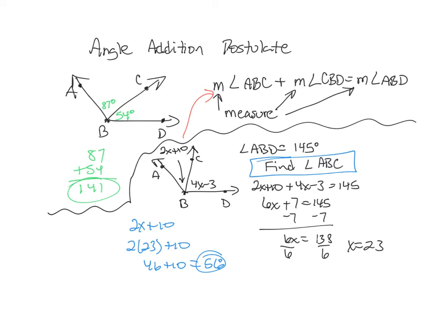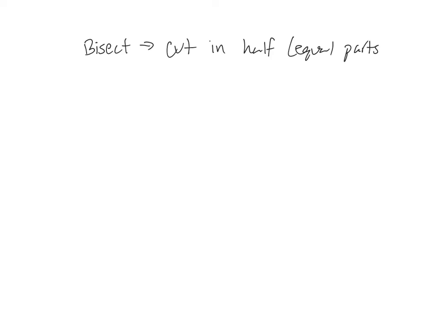Okay? All right, and then one other small item that we talked about already with segments, this word bisect. I think the easiest thing is that bisect means cut in half, or we're going to have equal parts.